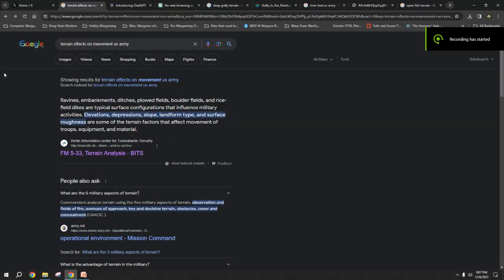All right, cadets. Terrain effect on movement. This is a phrase that has been used in wargaming since day one, and it's fairly self-explanatory, I would think.